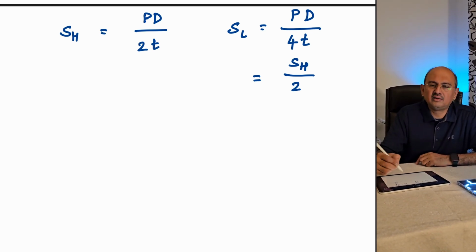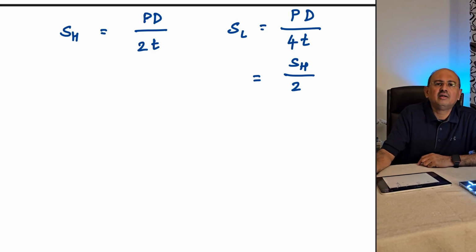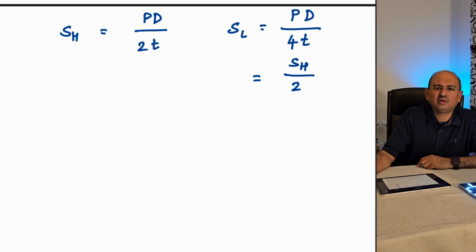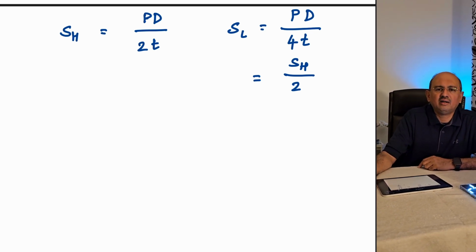Okay, and this is the principle which is applied in saving the material, because in the dished ends of the vessel or the LPG carrying tankers, they use this principle. The stress is acting in the longitudinal direction at the ends, whereas in the shell of the tanker, it is acting in the radial direction.